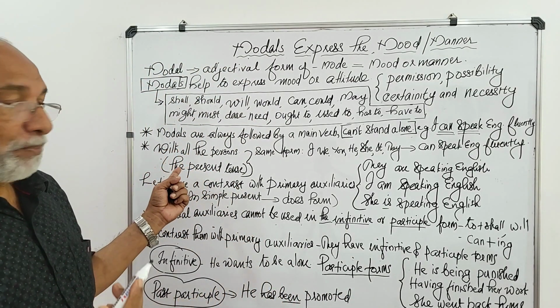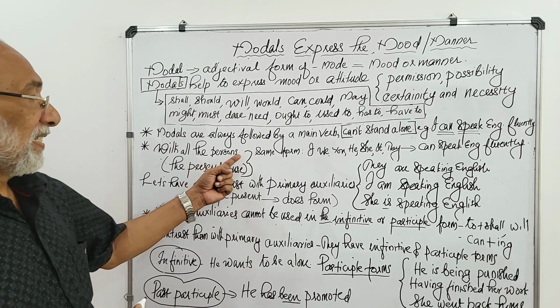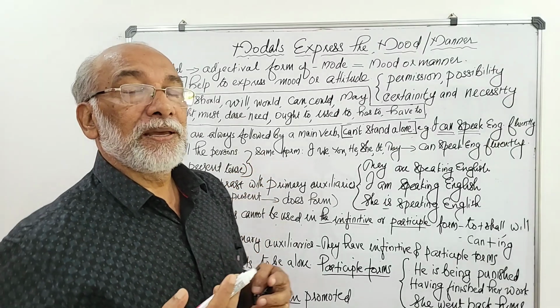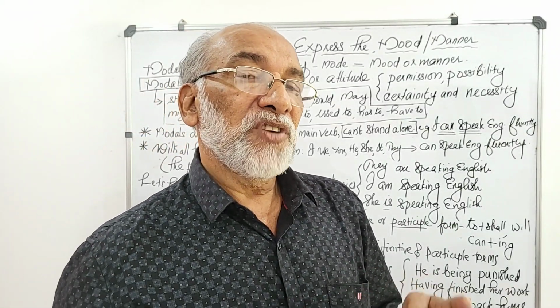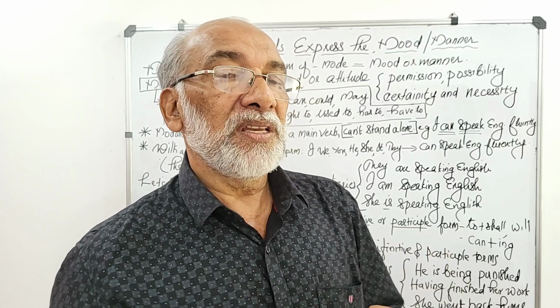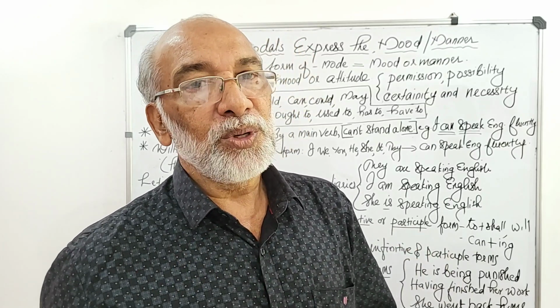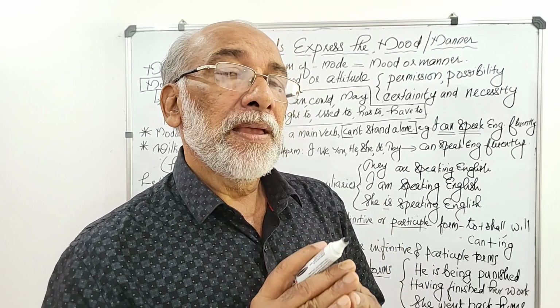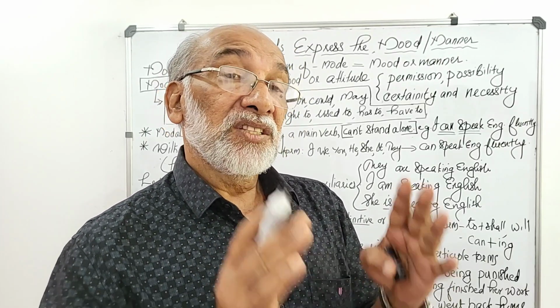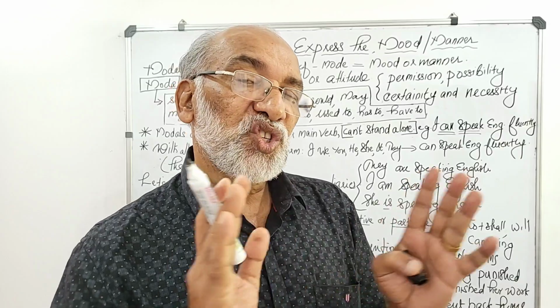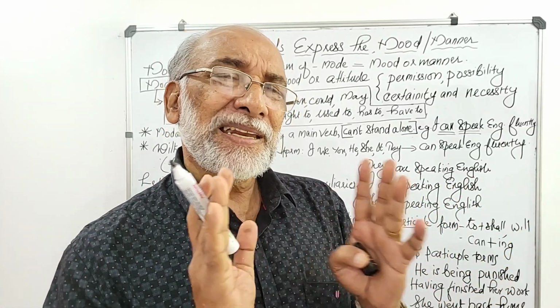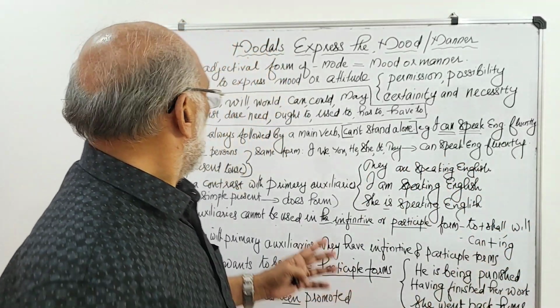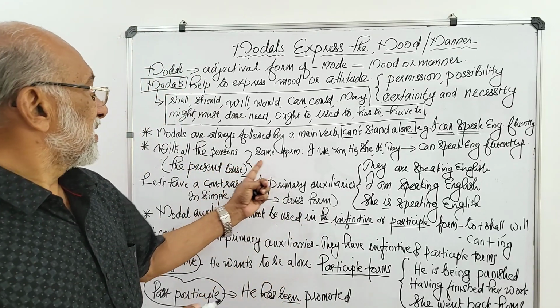Okay, another point, with all the persons and numbers. First person singular I, plural we, second person you, plural you, third person singular he, she, it, and they. With all these personal pronouns, these modals have no change of form. That means they remain the same with all the persons.